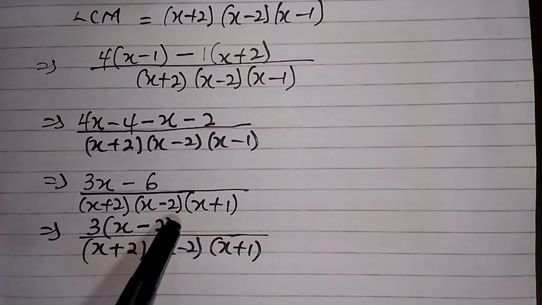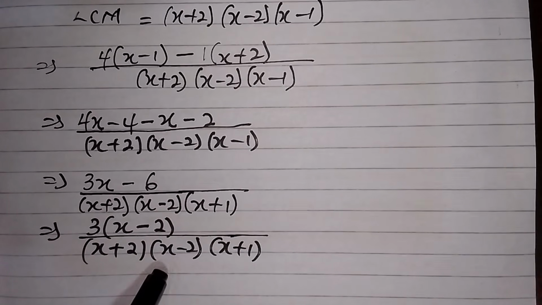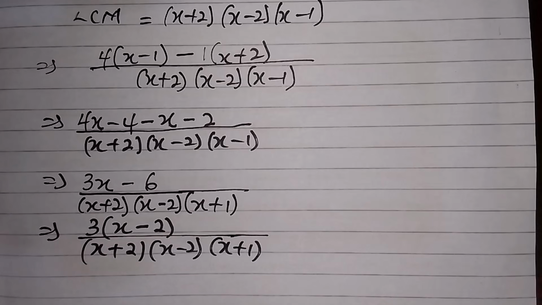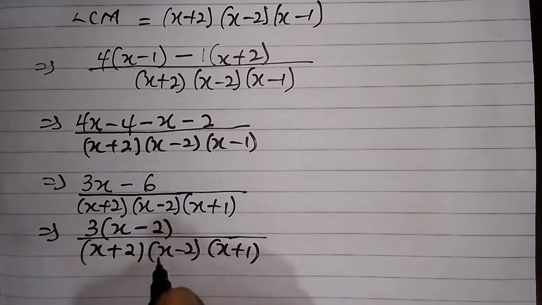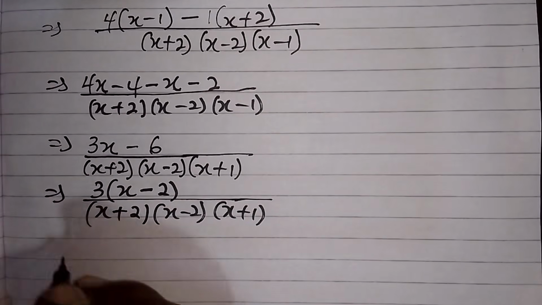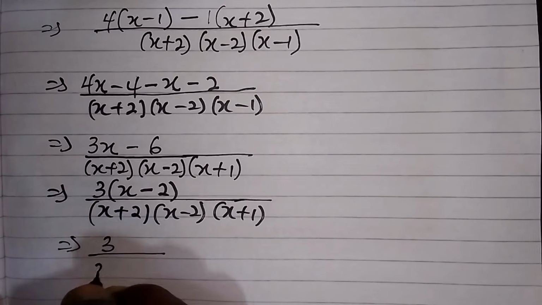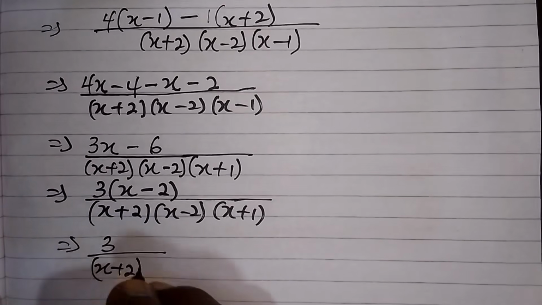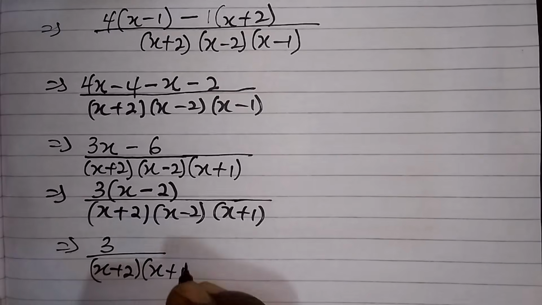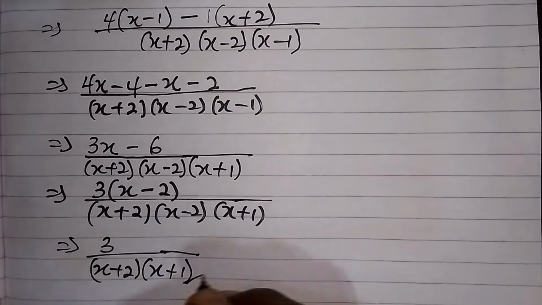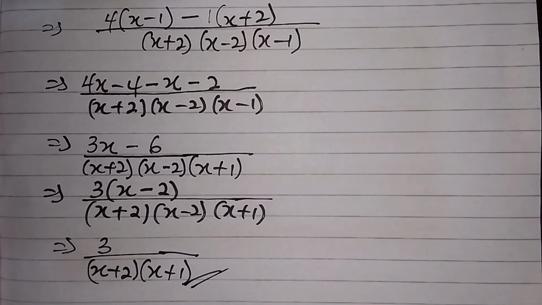X minus 2 in the numerator, x minus 2 in the denominator, that will take care of each other and be cancelled out. So what is left? I have 3 over x plus 2, x minus 1. This is all that is required from you.